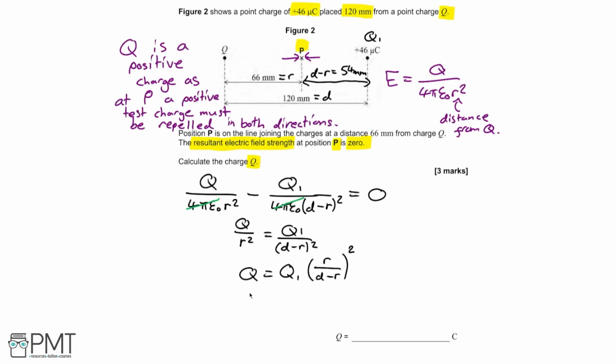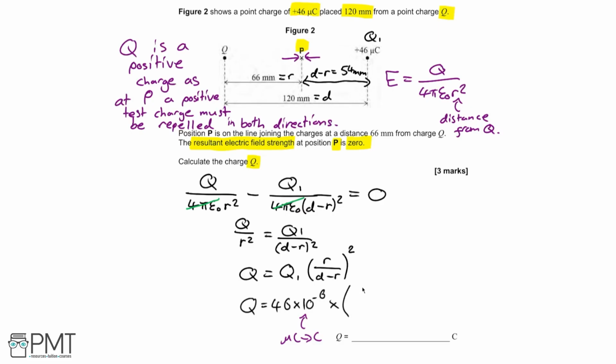Finally, we can substitute numbers in, giving Q is equal to Q1, 46, times 10 to the minus 6. So that comes from the micro in microcoulombs, so that's converting microcoulombs to coulombs. And then for the distances, because everything is in millimeters and I'm dividing the two by each other, the unit cancels.